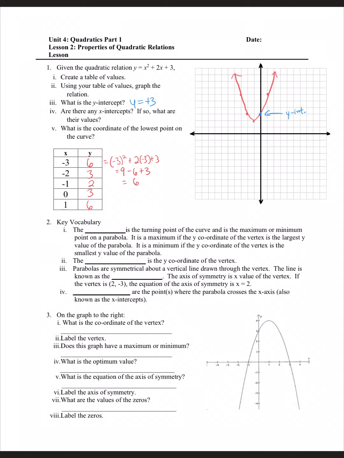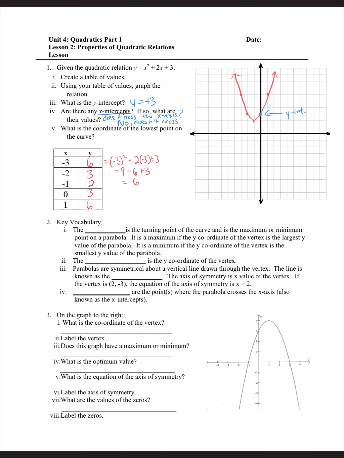So does it cross the x-axis? The answer would be no, right? Our parabola does not. So no, it doesn't cross. So no x-intercepts in this case.